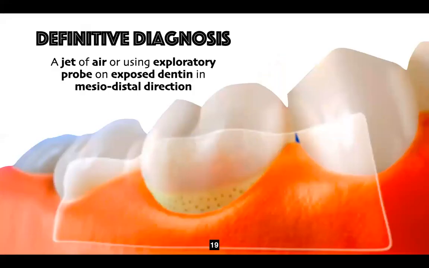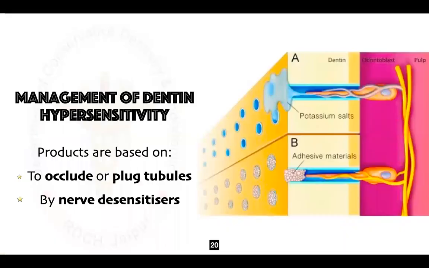If you apply a product which will absolutely block or plug the tubule, the patient will not complain of sensitivity. Because why? There will be no movement of the fluid from inside to outside, right? So the nerve will not be stimulated, your A delta fibers will not be stimulated, hence zero sensitivity. So what's important is to occlude or to plug or to block these dentinal tubules.